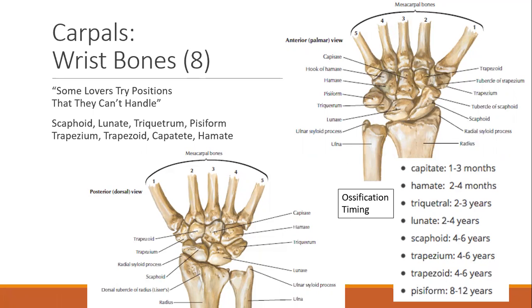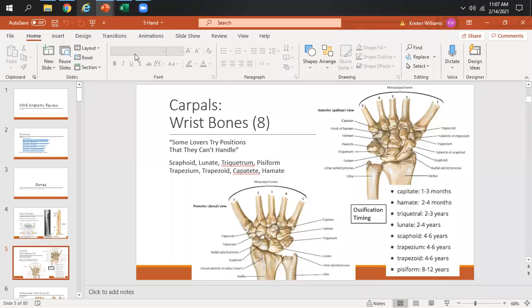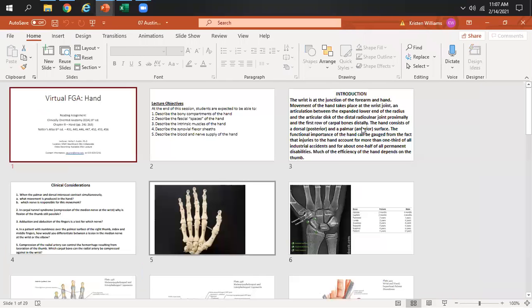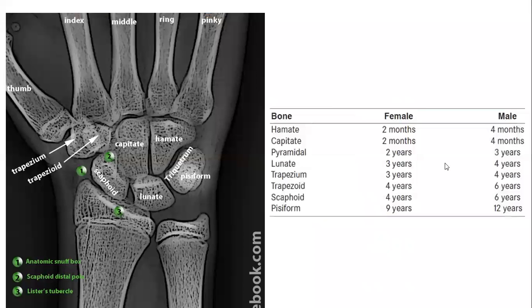So the listing here I have is of ossification timing. I found this one online. Dr. Austin specifically has a list of ossification months that she wants y'all to know. Here it is. So make sure you have this ossification timing in your head, because they can ask you a question like, a 5-month-old child is brought into the pediatrician for a checkup.